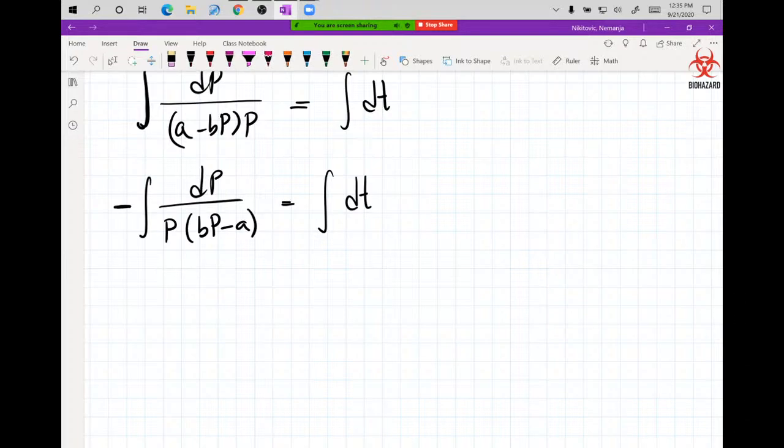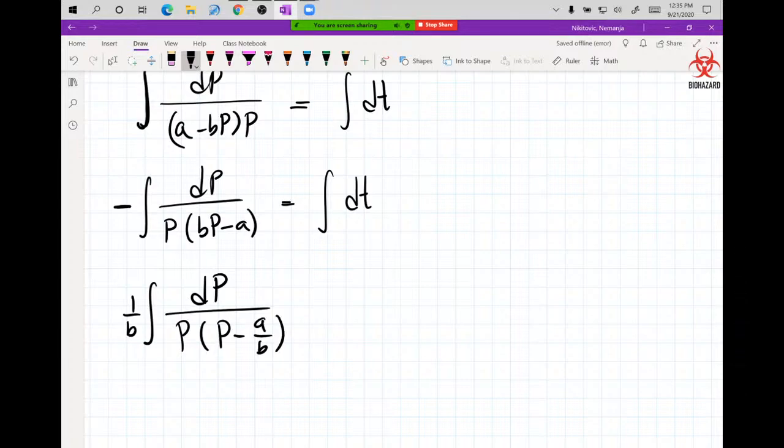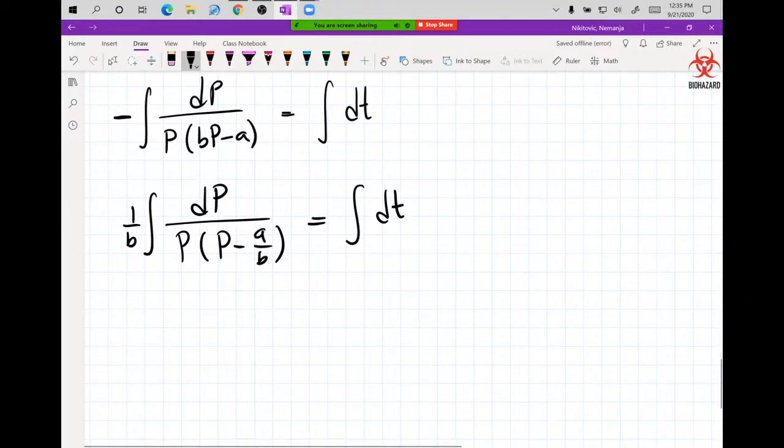I'm not going to go further than this. dp over p times bp minus, oh, you need to divide by b now. So it's going to be 1 over b, and it's going to be p minus a over b equals integral dt, and there's a minus there. You sub this, maybe capital M or whatever, and so on.